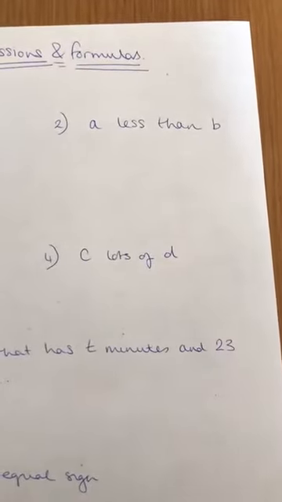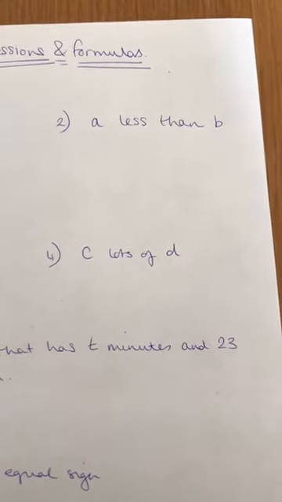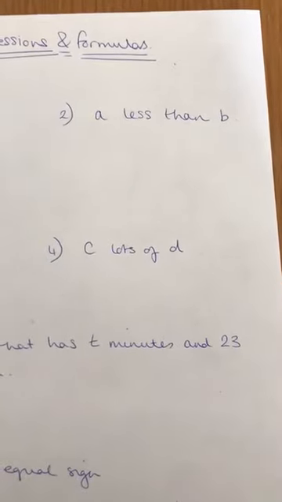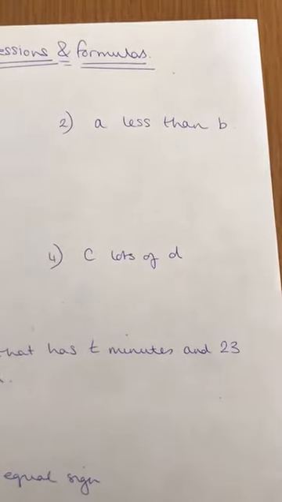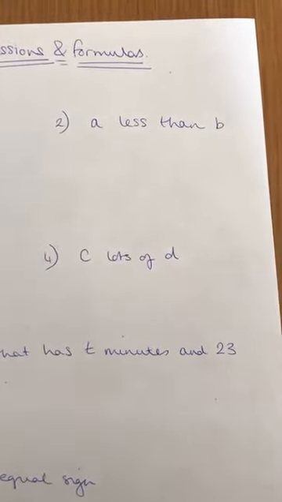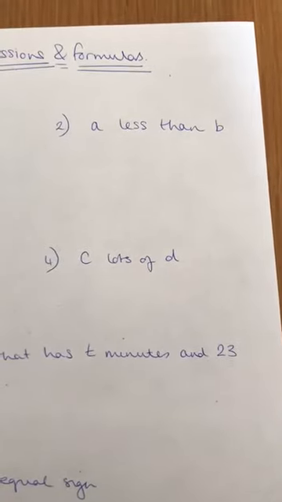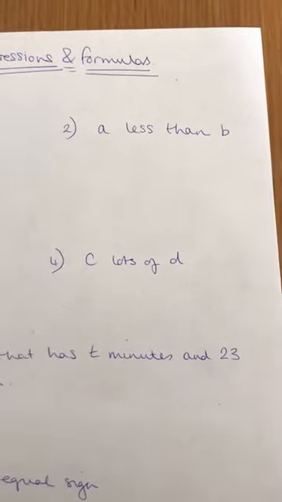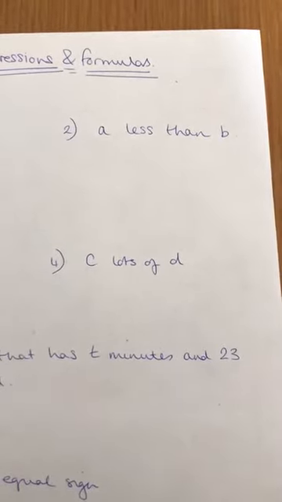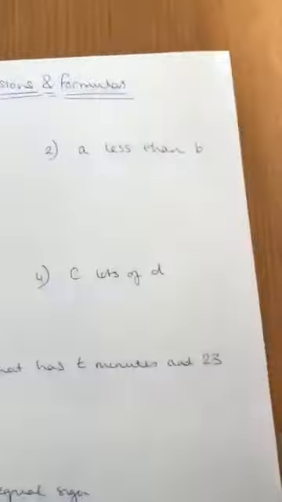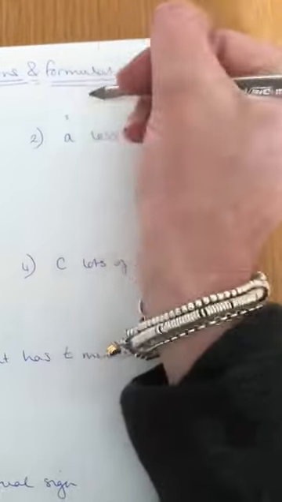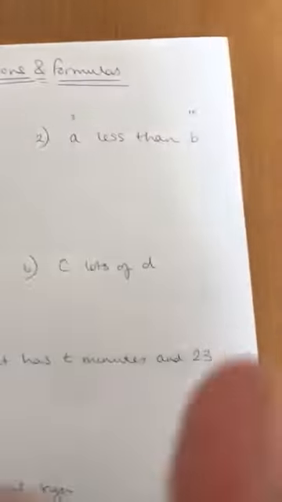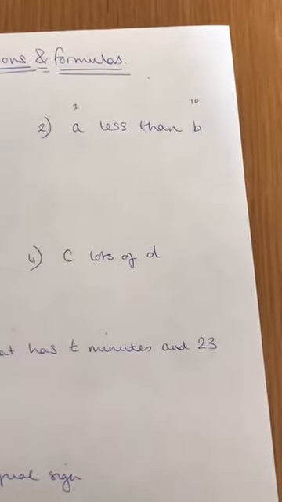Number 2 is A less than B. So there's no numbers in this one, just letters. Less than means take away, so we're going to have subtraction in there. Again, be careful with the order. A less than B. So you have to think of what you're actually starting with. Again, if I replace the letters with some random numbers, so if I pretend that A is 3, and B is 10, if I said to you, what's 3 less than 10?